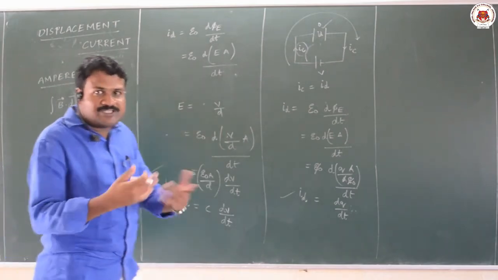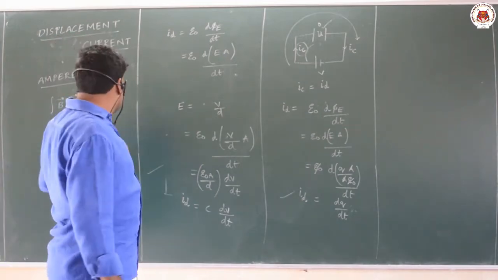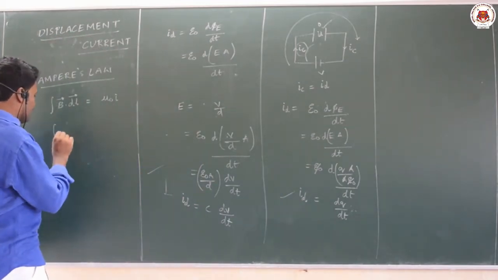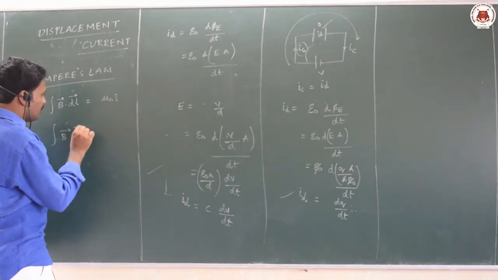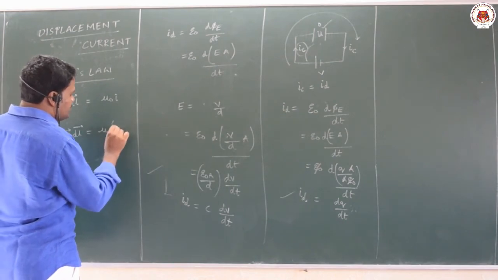But Maxwell has corrected this. According to Maxwell, integral of B bar dot dl bar is equal to mu naught into (IC plus ID).